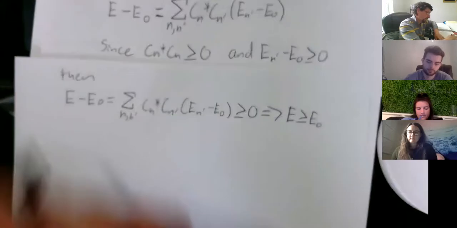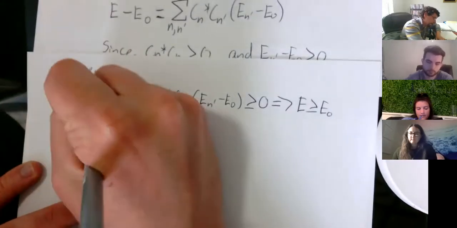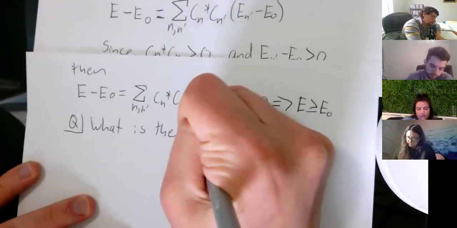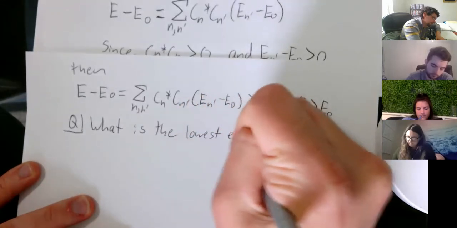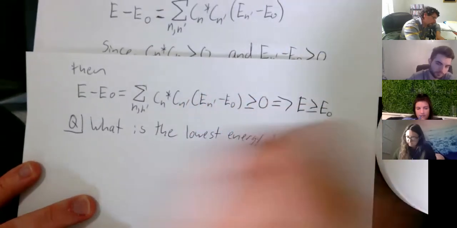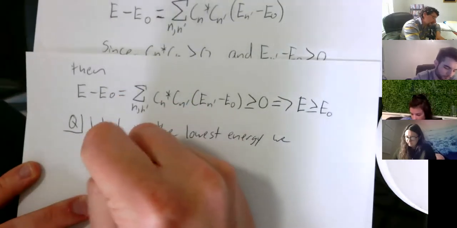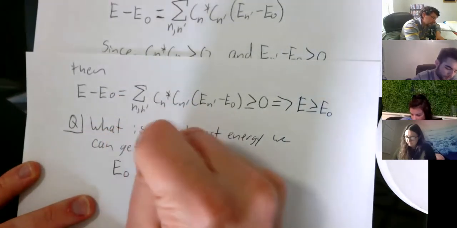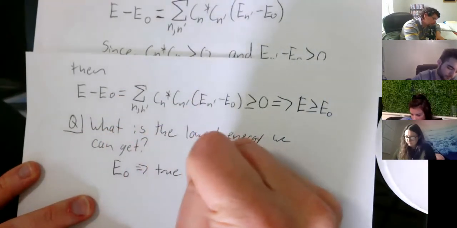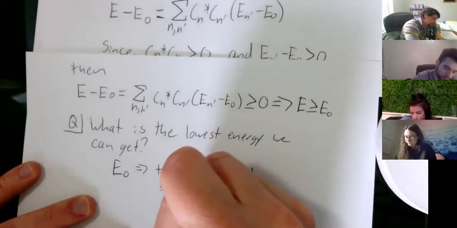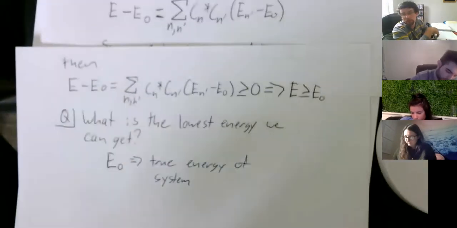So question, what is the lowest energy we can get? The answer to that is E naught, the true energy of the system. However, what do you most likely get?